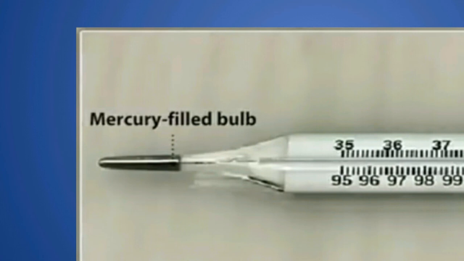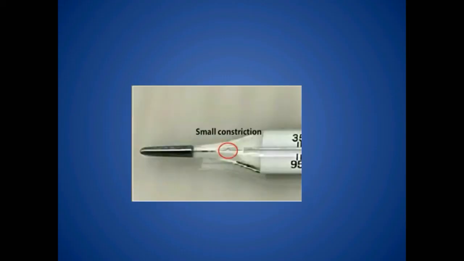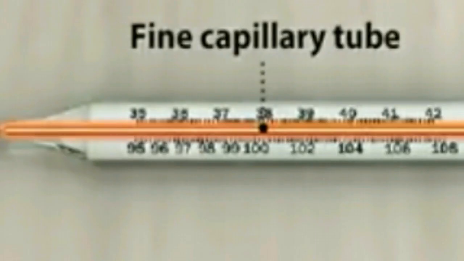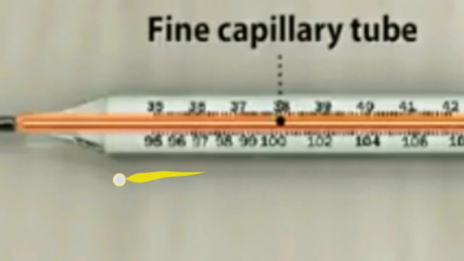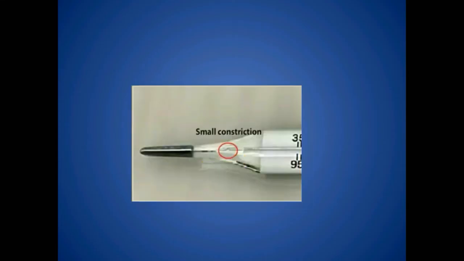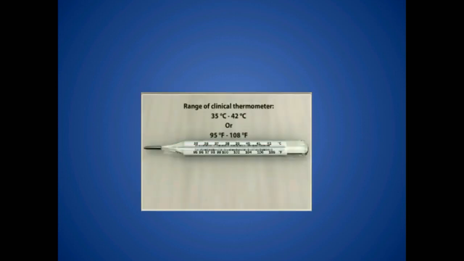There is a fine capillary tube inside it which is running from the bulb from one end to the other end, and it has a small constriction in the neck which is close to the bulb. So a clinical thermometer can measure the temperature ranging from 35 degrees Celsius to 42 degrees Celsius, or 95 degrees Fahrenheit to 108 degrees Fahrenheit.